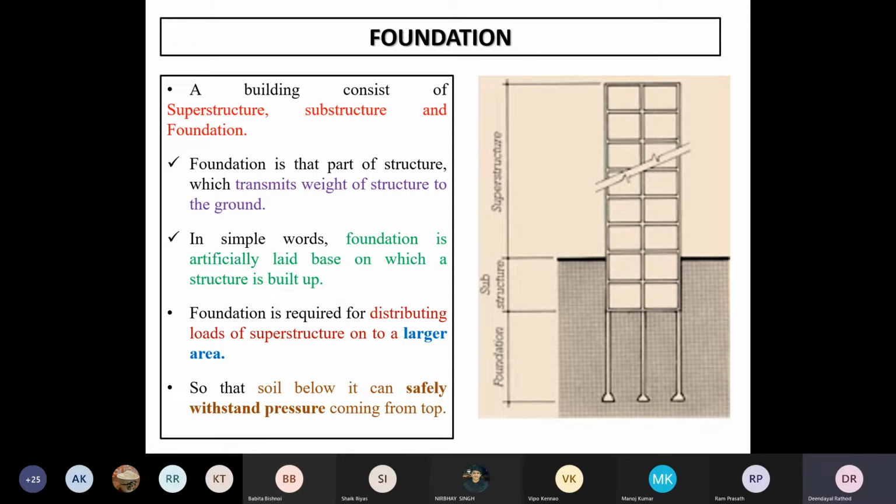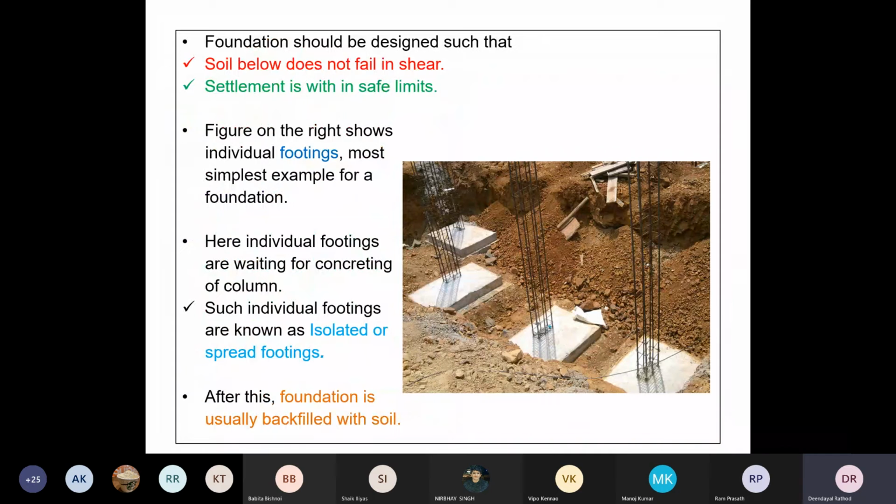So foundation is an artificially laid base on which the structure is built. Foundation is required for distributing the load from the superstructure to a large area, so the soil should withstand this particular foundation pressure. So which soil is good for our foundation?